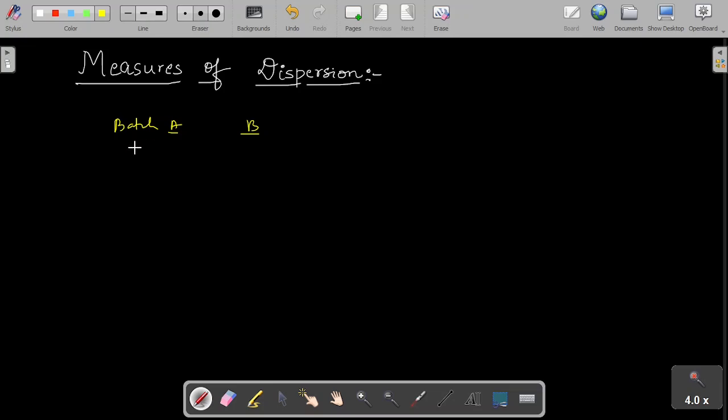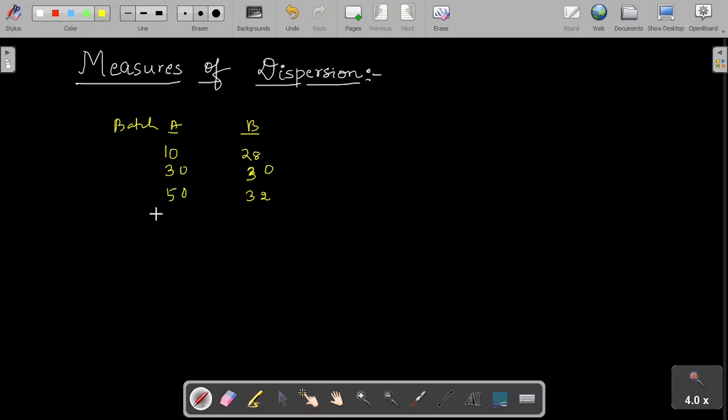There was a class test for 50 marks and in batch A, 3 students got 10, 30 and 50 marks out of 50. And in the second batch they got 28, 30 and 32. These are the marks of the 3 students of the second batch.